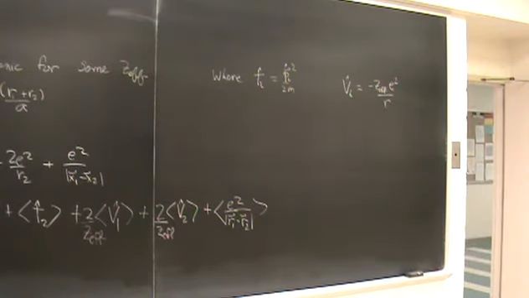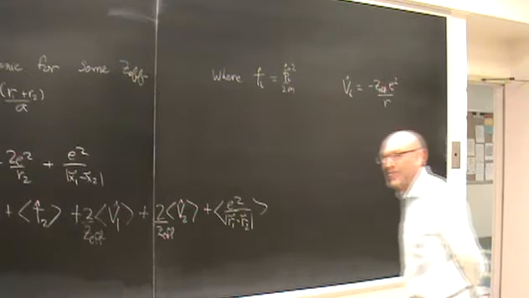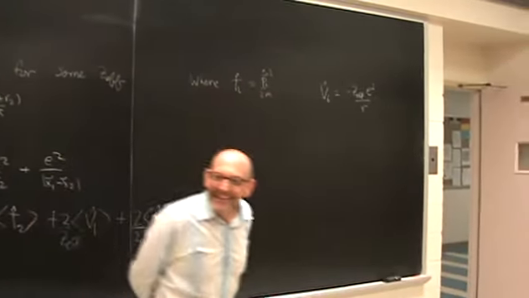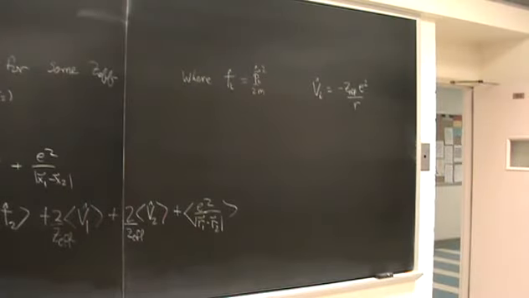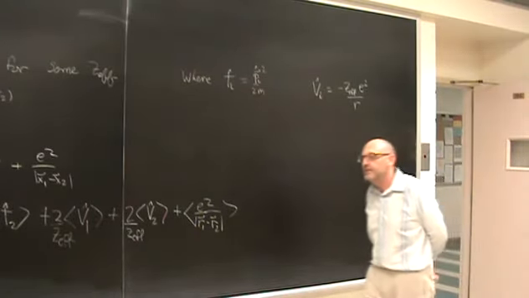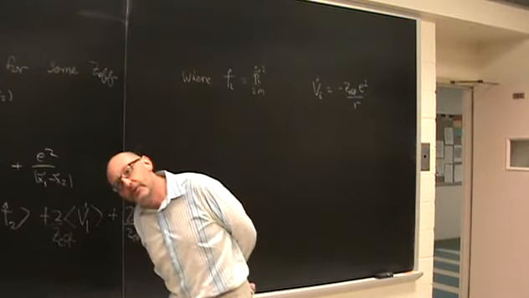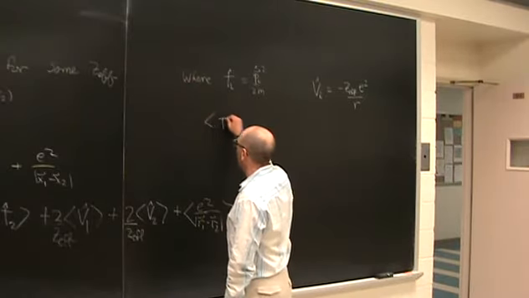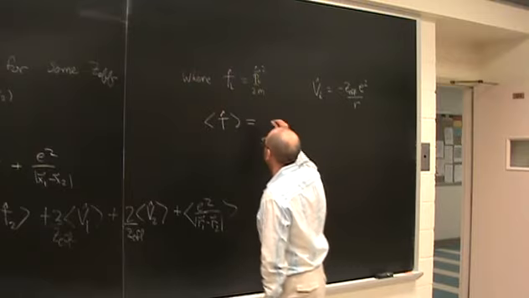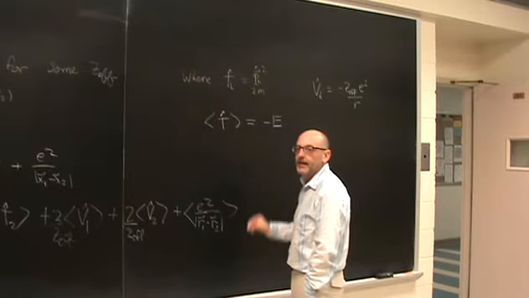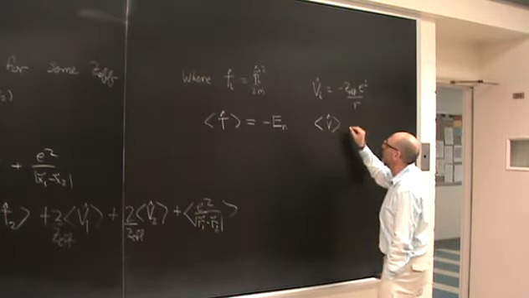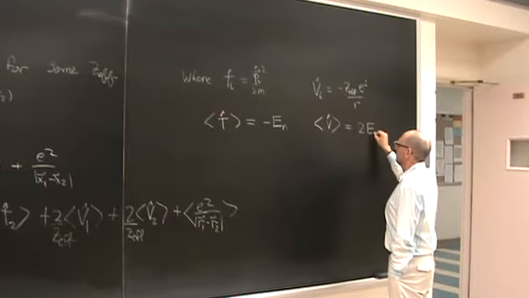Why did I rewrite it that way? Because then I could do these things by inspection. Because everyone remembers the variational theorem. Maybe. We did it. The variational theorem was something that allowed us to relate the average kinetic energy and the average potential energy to the total energy, right? So from the variational theorem, in hydrogen, the kinetic energy was equal to minus the energy, E sub n, and the potential energy was equal to twice E sub n.